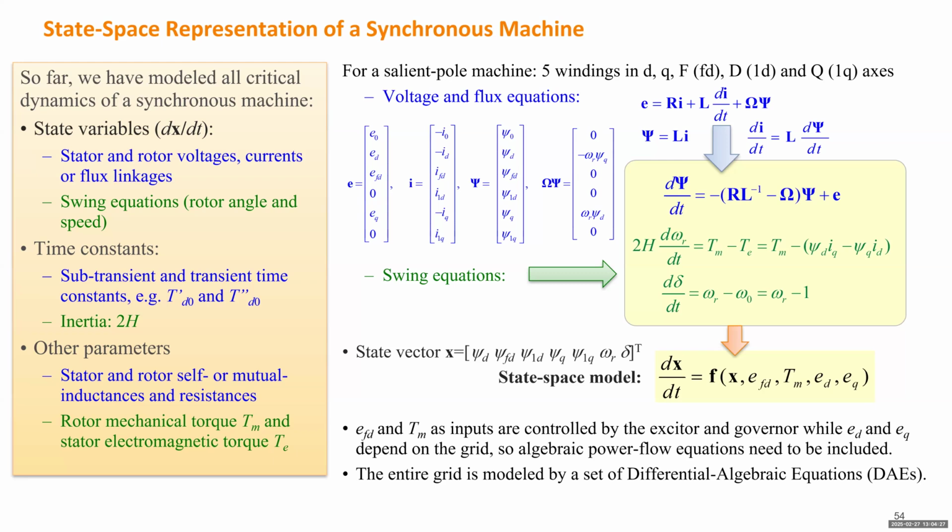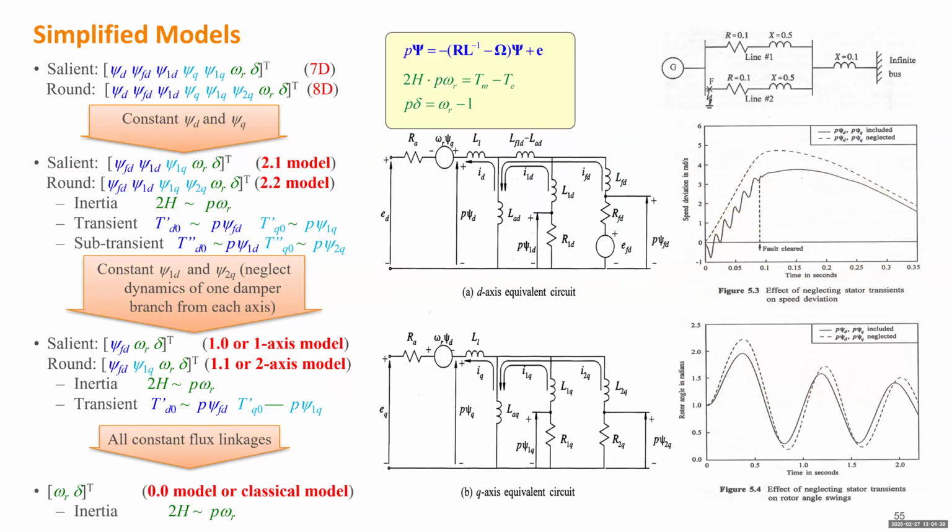We will need to derive a number of useful generator models for stability study, which can match the different models here. I will pick some typical ones to derive in detail, but I will leave others as homework, or I will tell you how to do it on your own, okay?